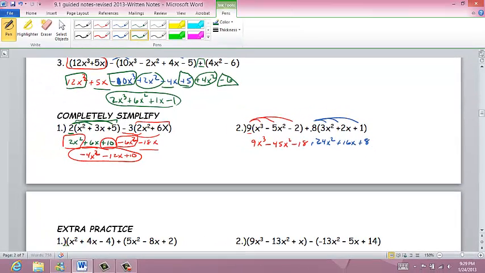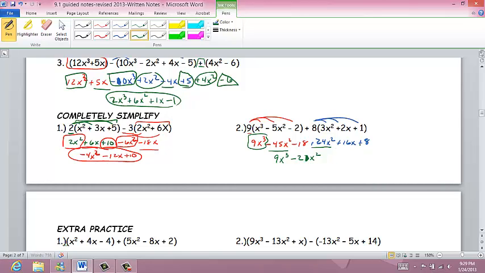Again, once I have all my distributing done, that means I get rid of my parentheses and I can go right to combining like terms. Do I have any other x to the thirds? Nope. So 9x to the third. Then you have your -45x squared and 24x squared, which would give me, oh, sorry, -21x squared.